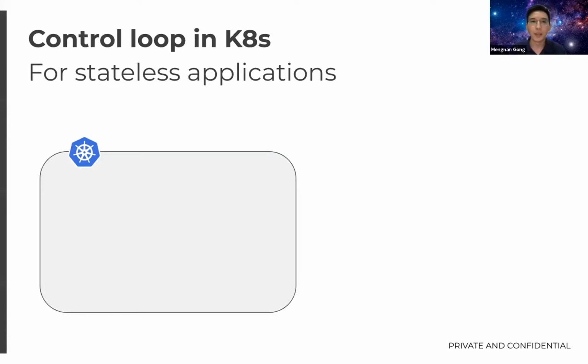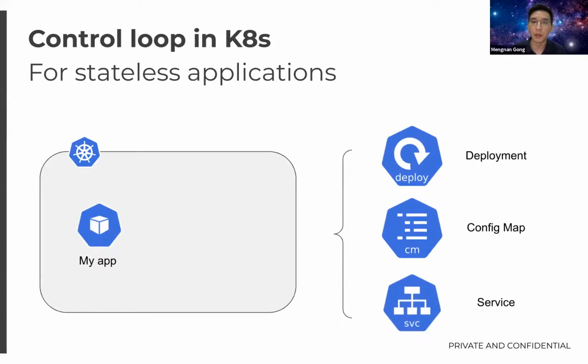Before I jump into the TiDB part, I want to take a little bit of time to introduce what a control loop is in Kubernetes for stateless applications. Basically, if you have an app running in Kubernetes, you mostly will deal with resources like deployments, config map, and service.